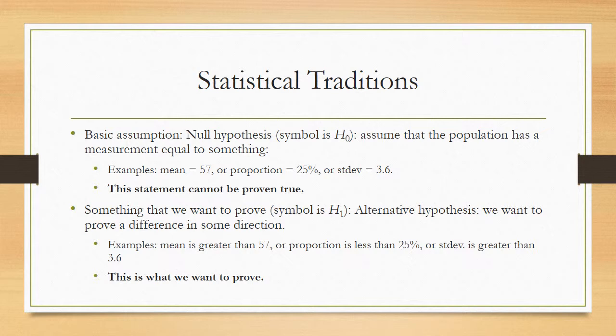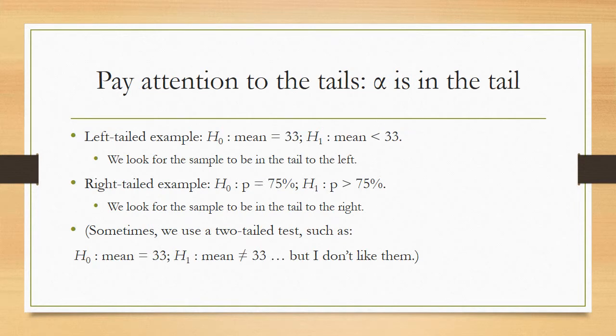Now, when we're talking about these things, we're talking about the alternative hypothesis as being different from the null hypothesis. Then that means we're looking at the tails. If we're looking for the sample as being higher than a certain number, that would be a right tail. If it's lower than a certain number, that would be a left tail.